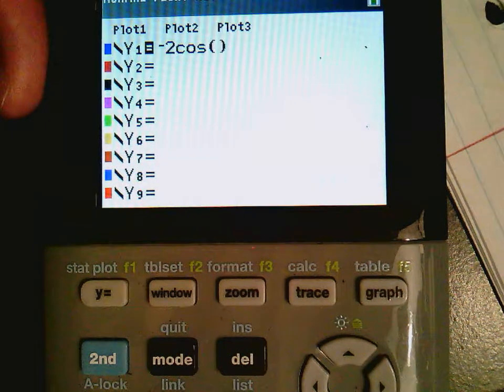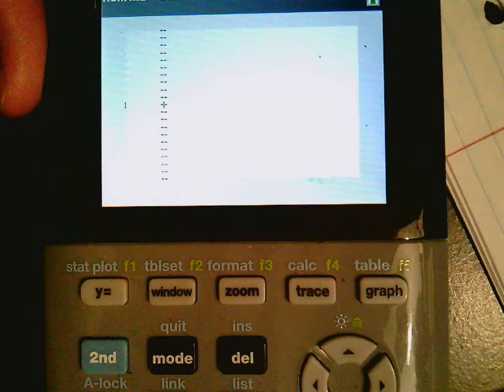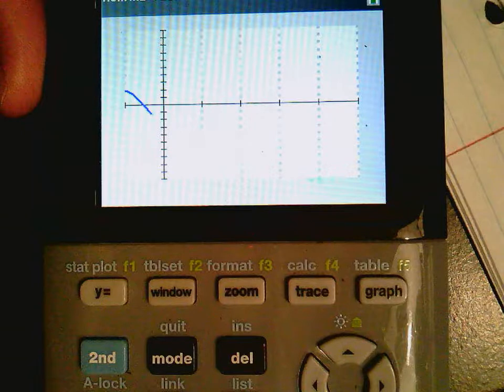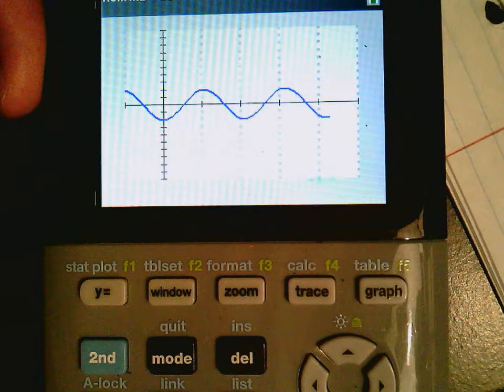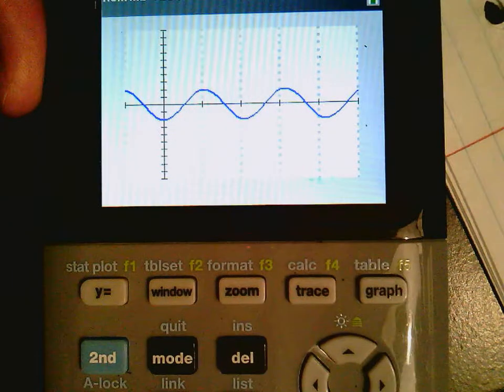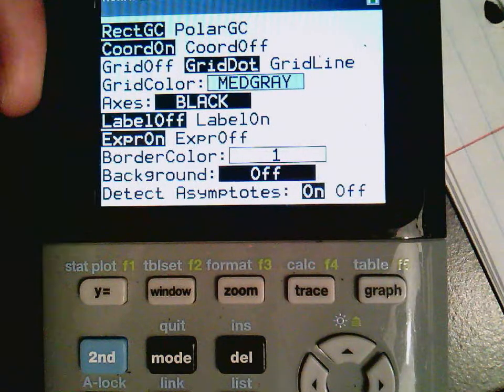Okay, let's graph. And let me turn my grid lock off. Okay, that's a little better.